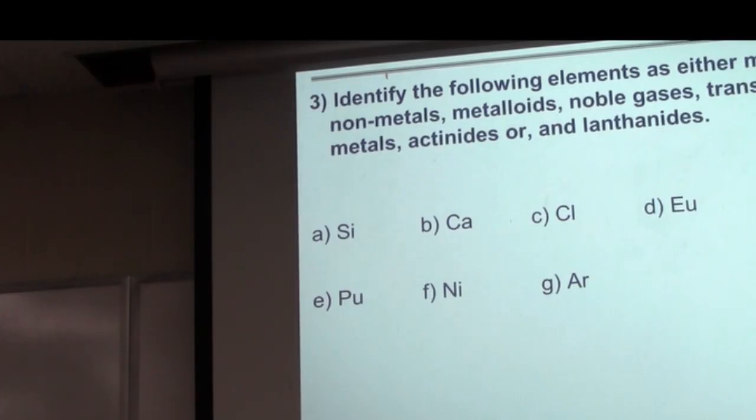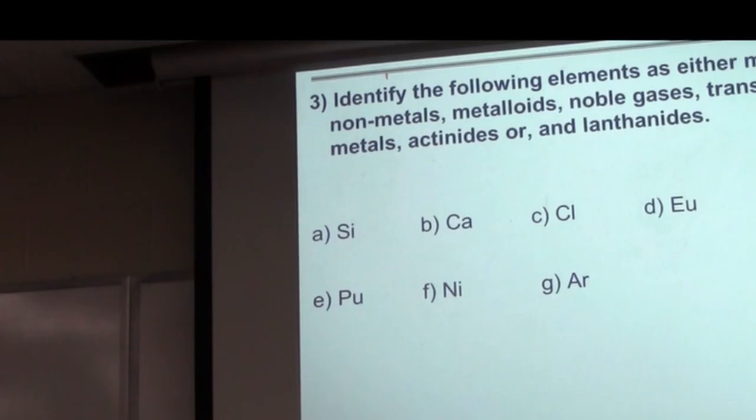Identify the following elements as metal, non-metal, metalloid, noble gas, transition metal, actinide, or lanthanide. What is it? Silicon. Silicon is what? Metalloid, yeah, semi-metal or metalloid. Calcium is alkaline earth metal. Chlorine is halogen.